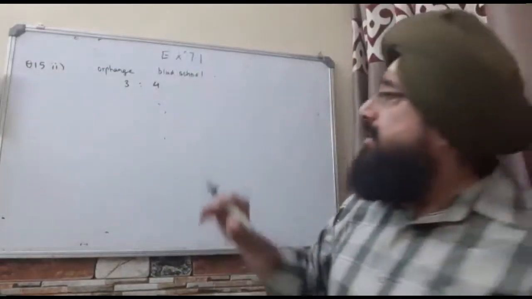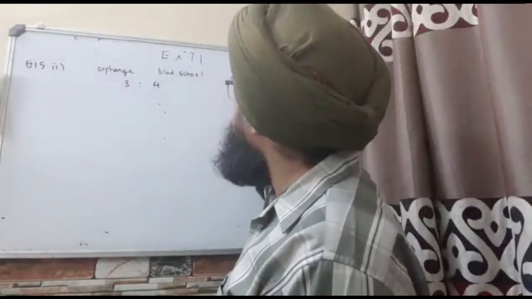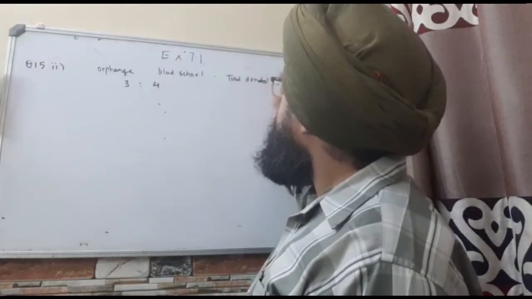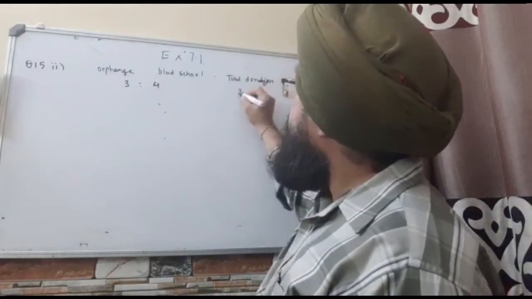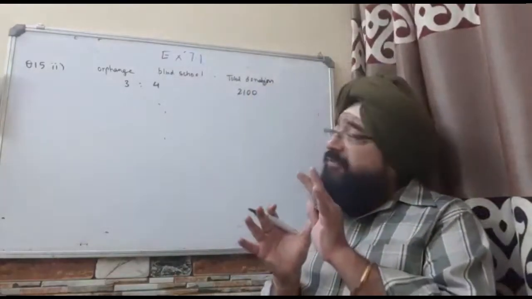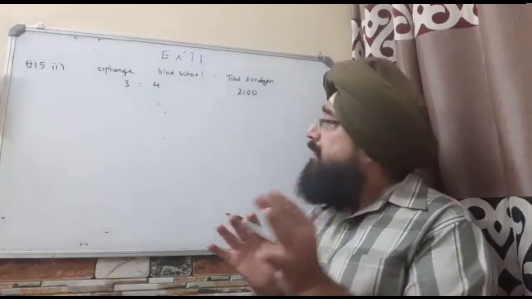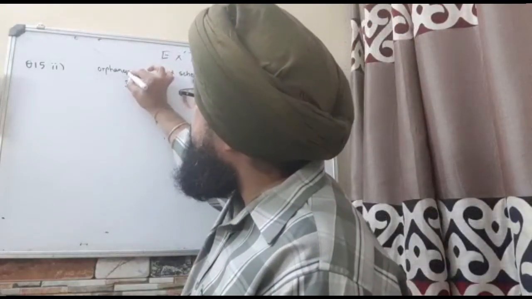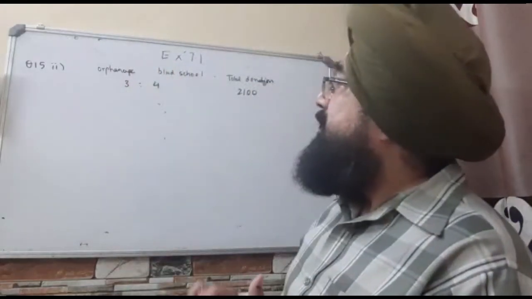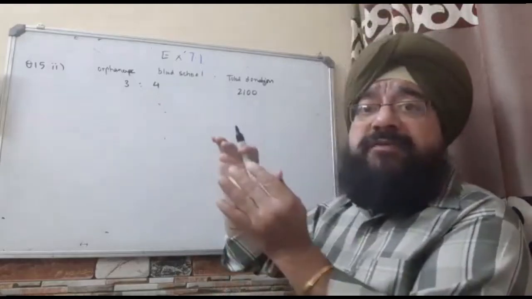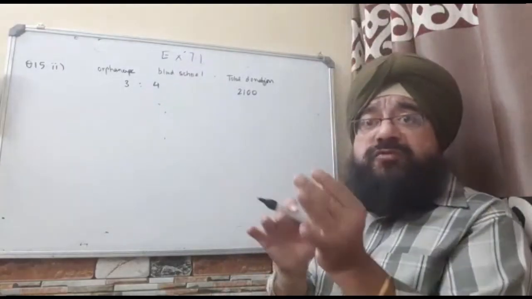And the total money given is 2100. That is, total donation is 2100. So see, whatever money we are giving to the orphanage and whatever money we are giving to the blind are in the ratio 3:4.